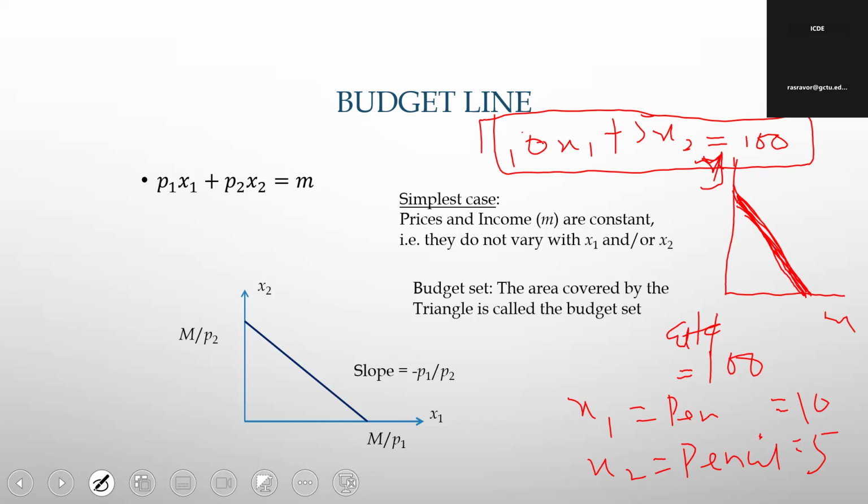This is what we refer to as your budget constraint. In other words, if I assume the 10 cedi to be P1, and the 5 cedi to be P2, then my budget line is just P1 X1 plus P2 X2 should give me, let's make my income M, as has been written here.